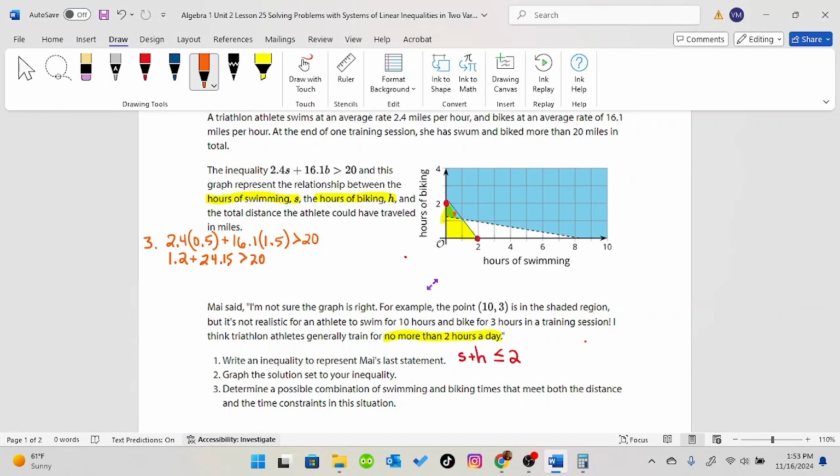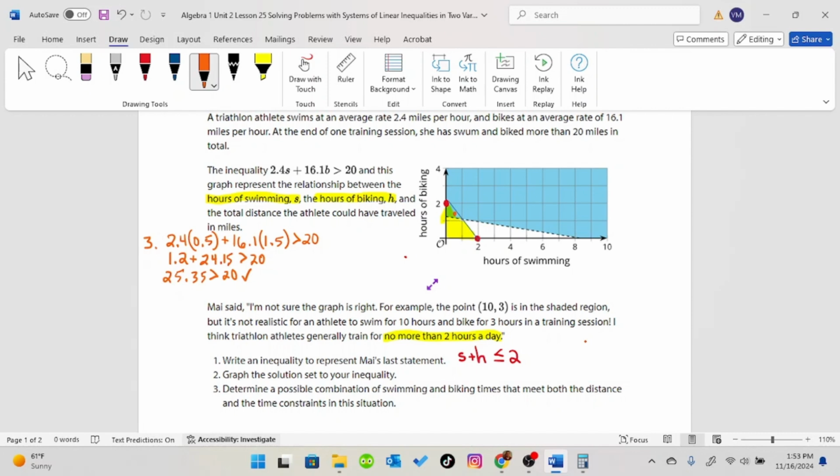When we add 1.2 plus 24.15, we get 25.35, and that is greater than 20. So it does make that one true.